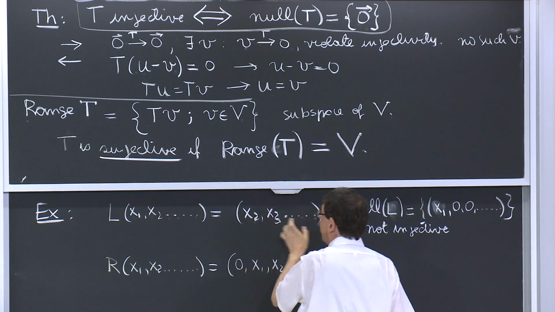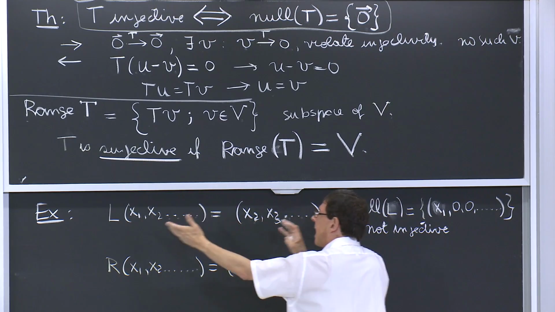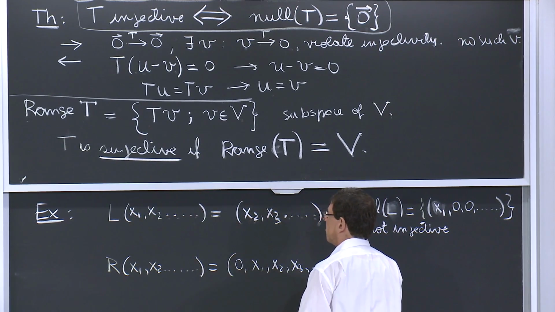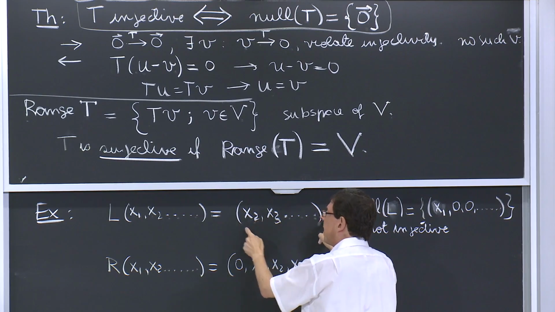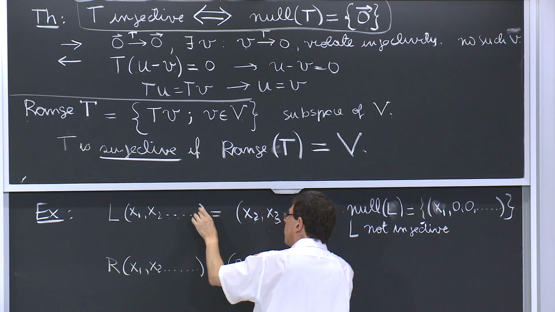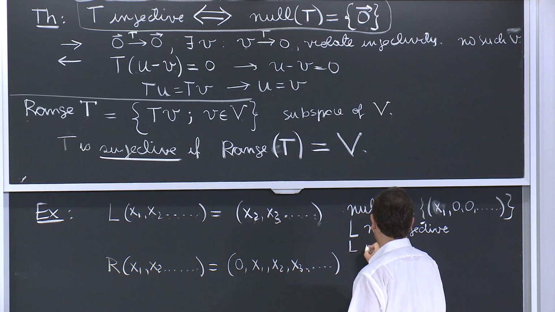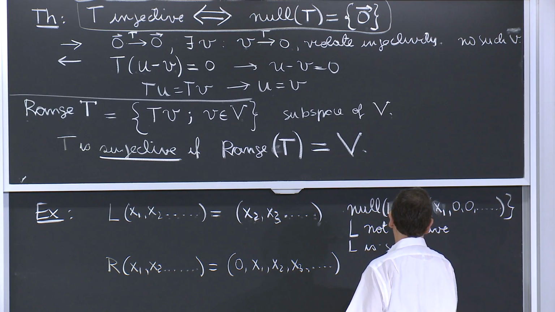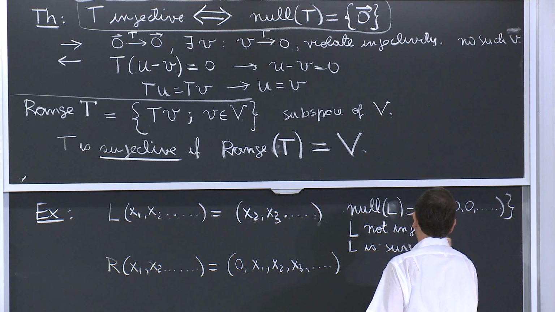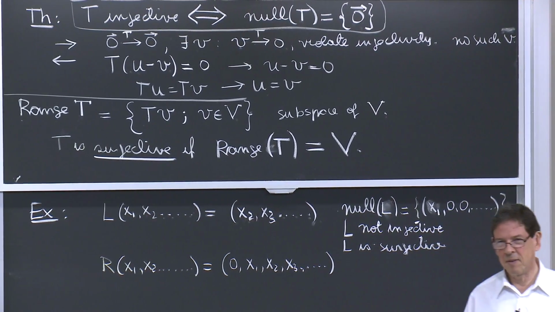And then I'll get the vector you gave me. So any vector can be written as L acting on something. Any vector that I get, I can write as L acting on a number and the vector you have. So yes, it is surjective. L is surjective. So L is not injective, but it is surjective.